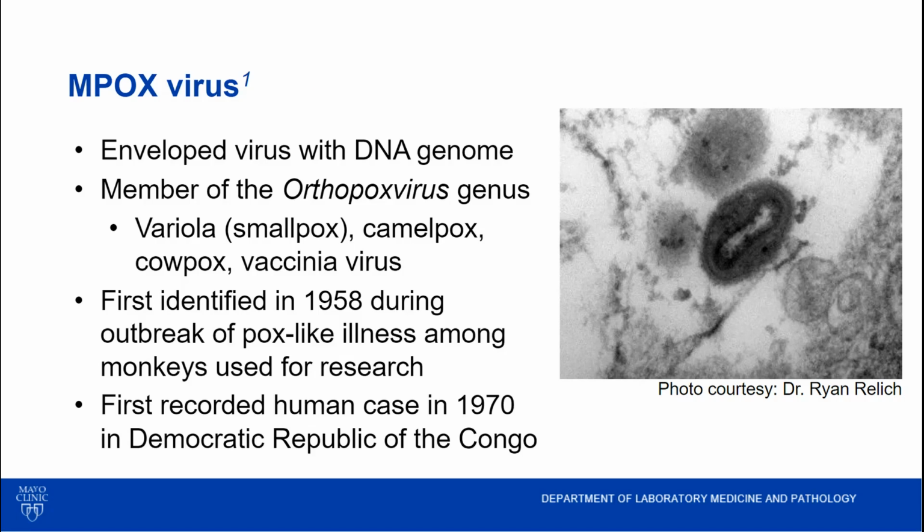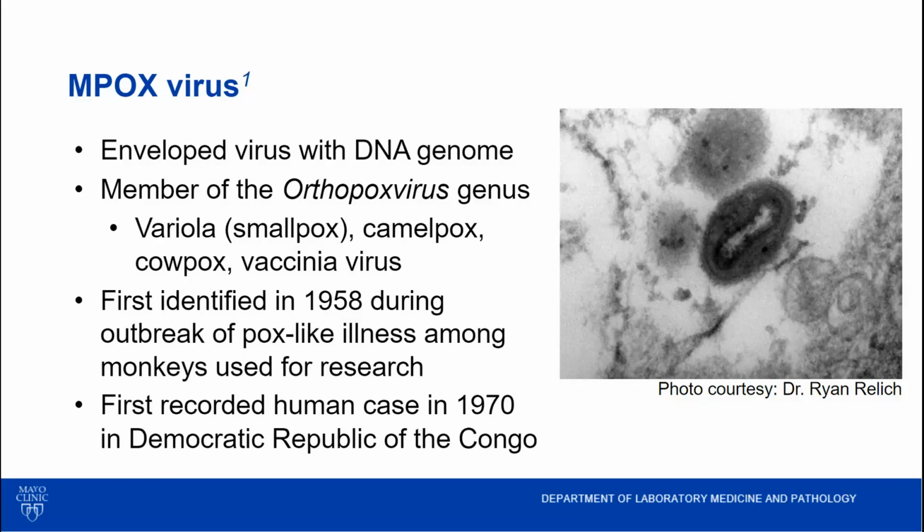So we're going to talk more specifically about this virus and its epidemiology and the varied clinical presentation that we can see. This is an enveloped virus, and it possesses a DNA genome. And you can see a really great image provided by my friend and colleague, Ryan Relic, on the right-hand side of what this virus looks like.